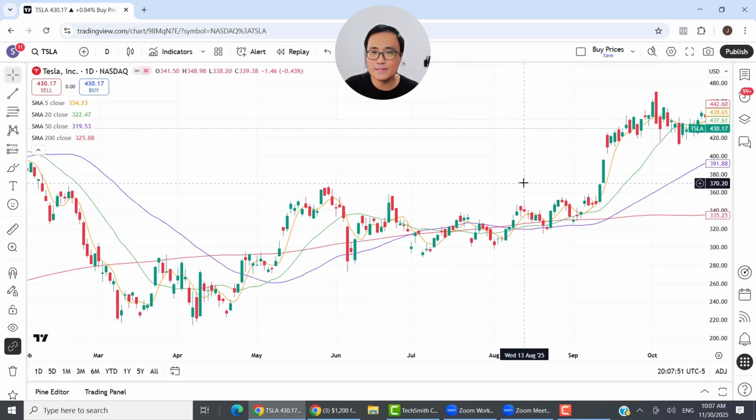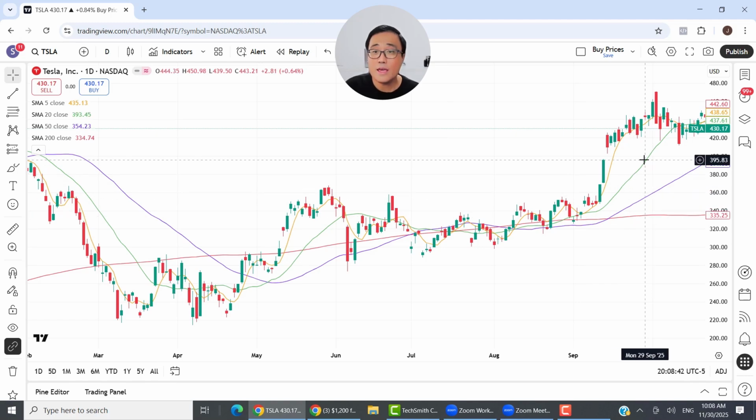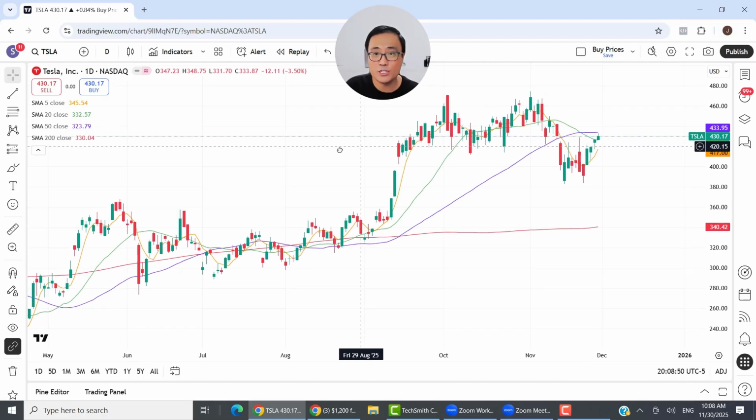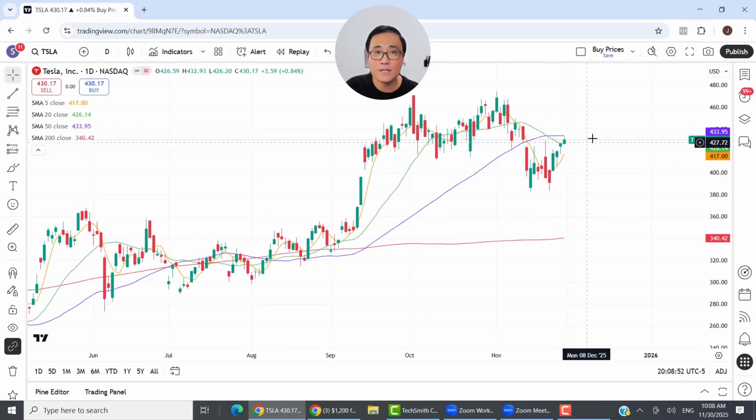The question you might be asking, do we wait for the price to come down to the 5, the 20, the 50, or 200? If you are a day trader, then you're going to focus on the 5 and 20 because these are the most recent price action. So the last 5 days. So you want to use recent prices for short-term trades.